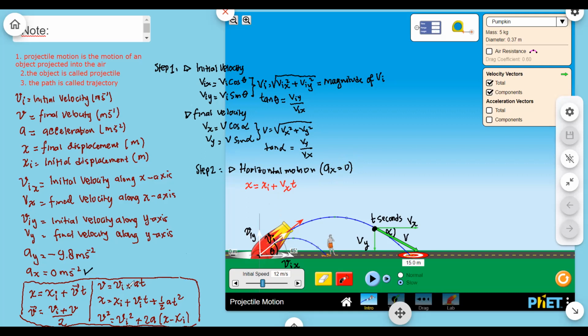We can also see from the kinematic equations that v equals vi plus at, and there is no acceleration. So then Vx equals Vix equals Vx. Why? Because ax equals 0 and velocity is constant.